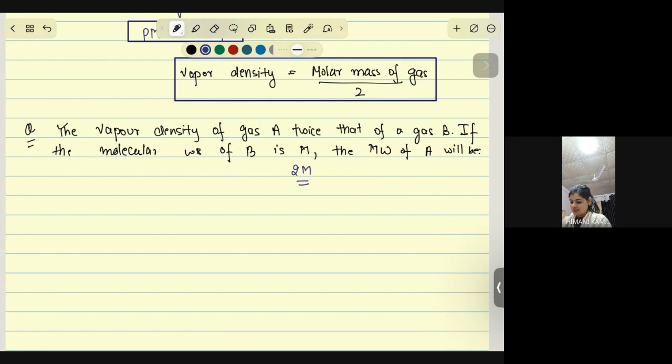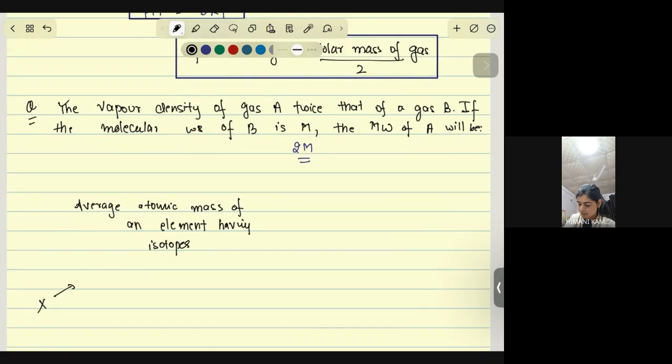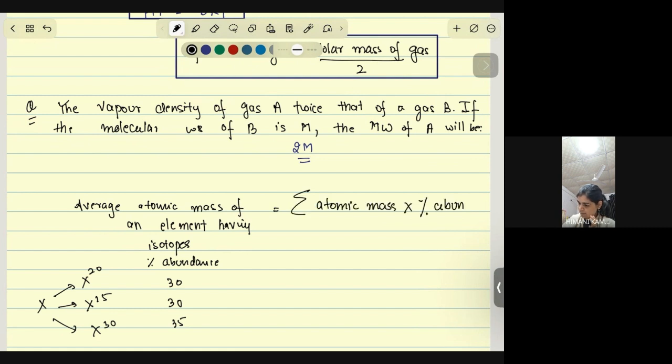So there is one more formula for finding the average atomic mass of an element having isotopes. If we have an element X which has 3 isotopes, of mass 20, 25, and 30, and their percentage abundances are 30, 30 and 35, then the average atomic mass of that element will be the sum of atomic mass into percentage abundance divided by 100.